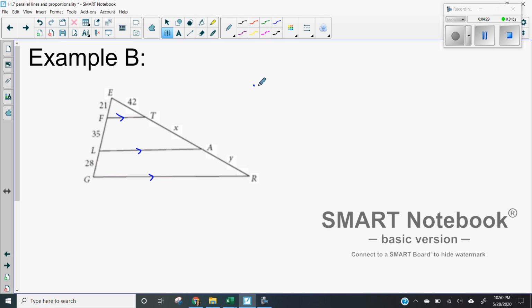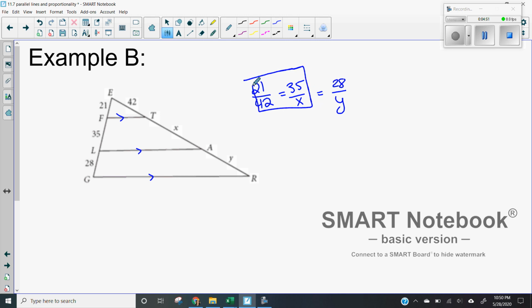So I could say 21 over 42, do you see where I'm pulling those from, is the same as 35 over x. And that's the same as 28 over y. This is kind of silly how I'm writing it here. Of course, we wouldn't work with all three of these fractions at once, but you could use two at a time to solve for x or y.